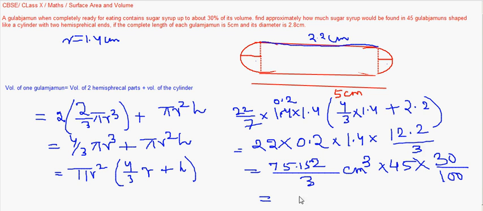So after calculation, it is now 4.5 into 75.152. That's giving me 338.184 centimeter cube. This is the volume of syrup in 45 such gulab jamuns. Let's move on.